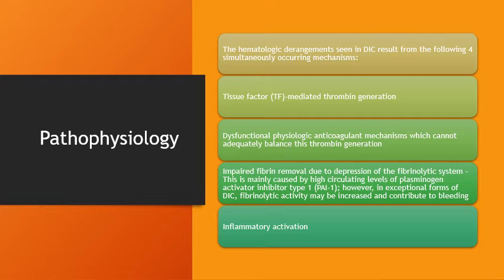Third is the impaired fibrin removal due to depression of the fibrinolytic system. This is mainly caused by high circulating levels of plasminogen activator inhibitor type 1. However, in exceptional forms of DIC, fibrinolytic activity may be increased and contribute to bleeding. And the final and fourth contributing factor is inflammatory activation.